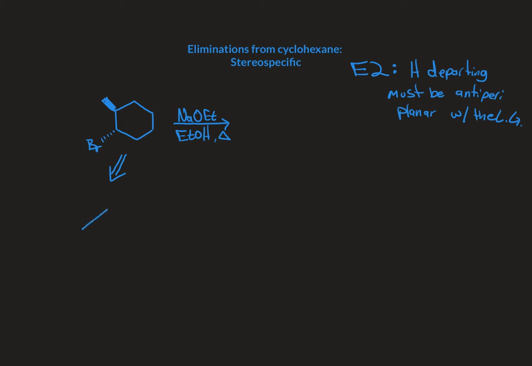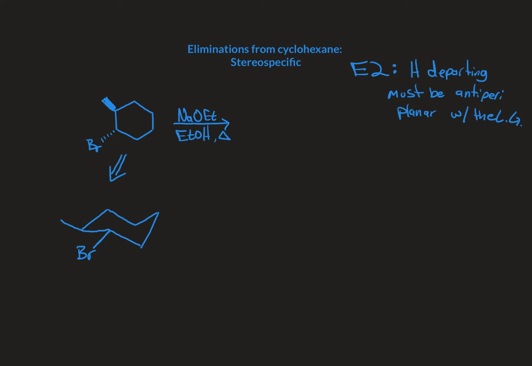The first thing I'm going to do is draw the most stable chair conformation of this molecule. So here we have the most stable conformation of this cyclohexane.